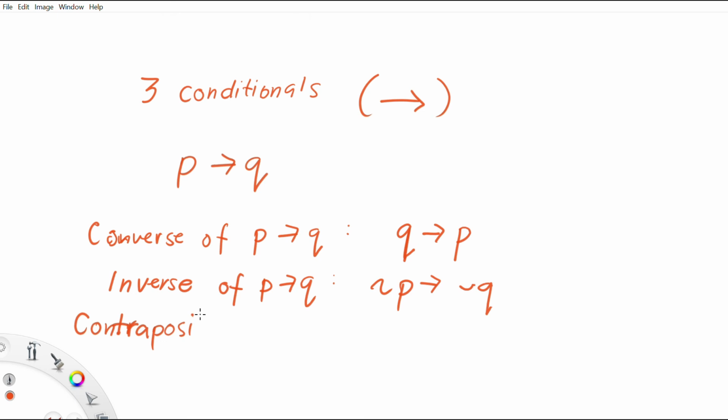The contrapositive of P implies Q is not Q implies not P.